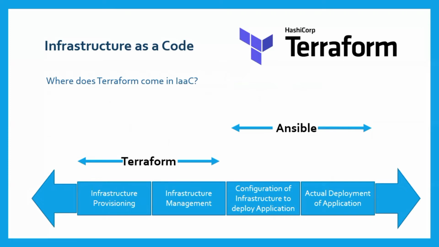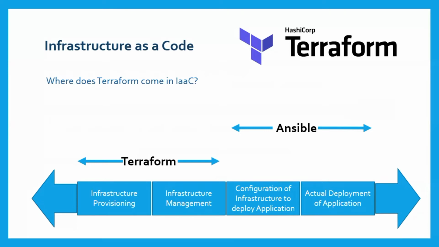There are three phases: infrastructure provisioning and management, then configuration of infrastructure to deploy the application, and actual deployment of the application. So where does Terraform come in IaC? Terraform comes in the first part of your IaC, that is, it is used for infrastructure provisioning and infrastructure management.